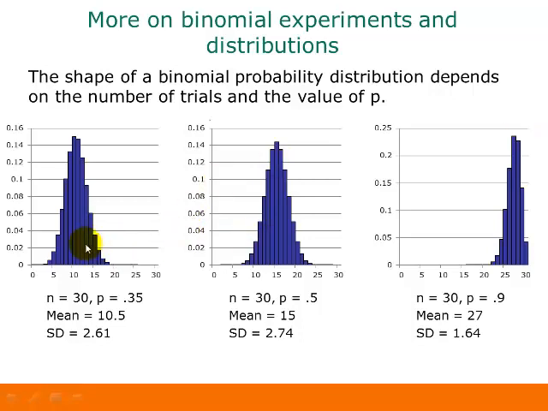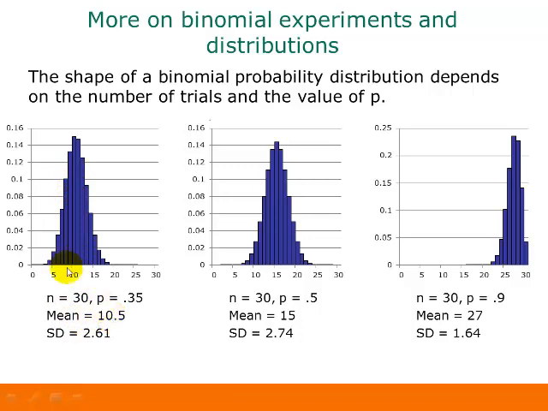So in this picture we have a binomial distribution where we have 30 trials. Our probability of success p is 0.35. So you can see in this picture that the distribution is skewed to the right a little bit because there's a longer tail on the right side and more of the data is actually on the left.